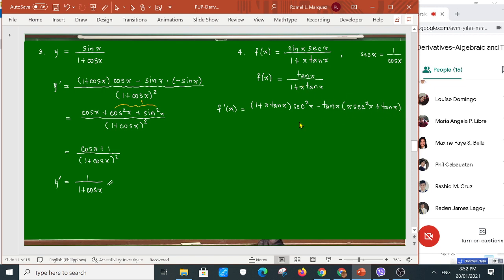So, enclose now, all over the square of the denominator. See?